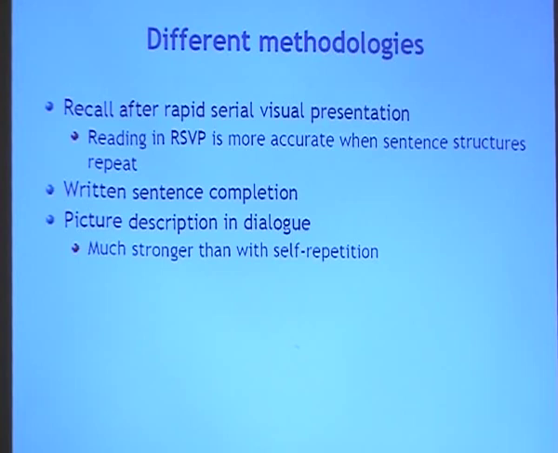A number of findings have been achieved using the written sentence completion method. That's a relatively convenient method when people are given sentence fragments and their task is to complete the fragments just in any meaningful and grammatical way. And you can actually construct your experimental conditions by changing the length and the amount of syntactic information that's contained in the fragment.